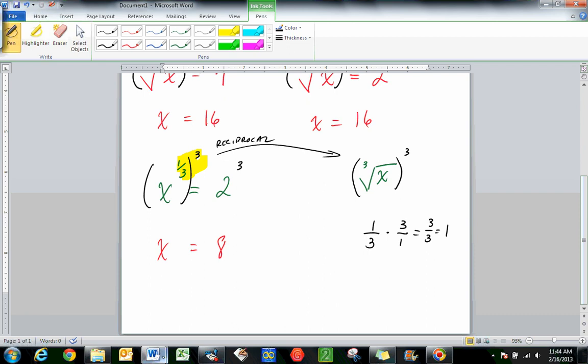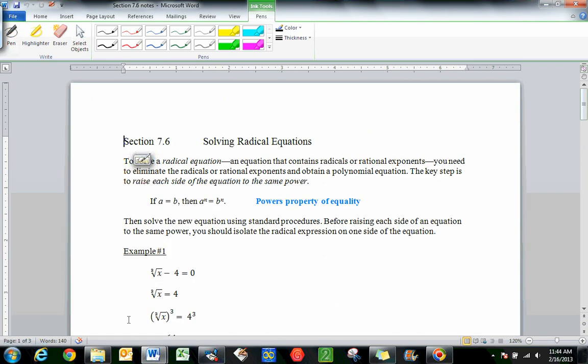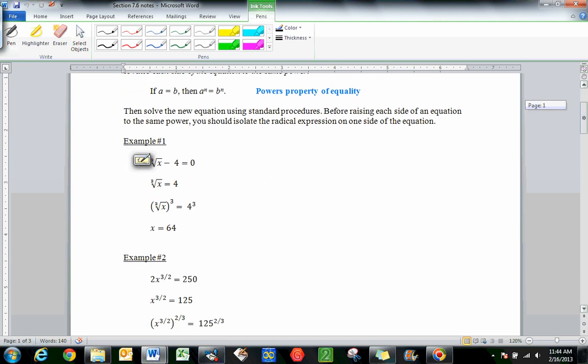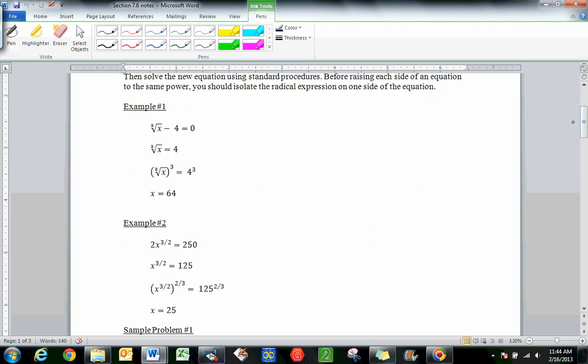So let's go back and take a look at the notes now, and there's a couple examples for us. If you look at example 1 and example 2, notice that in example number 1, I have a radical term.